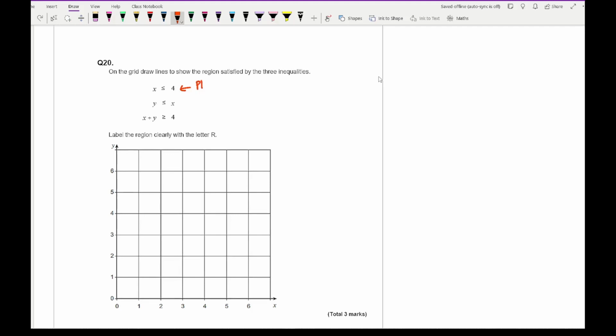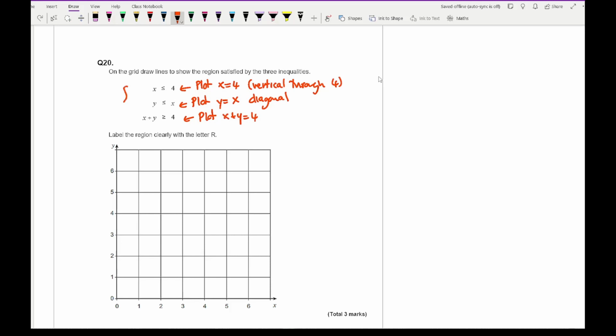I need to plot x equals 4, which is a vertical line through 4. I need to plot y equals x, which is a diagonal line. And I need to plot x plus y equals 4, and then it's just a case of knowing which side and which lines it's going to be.